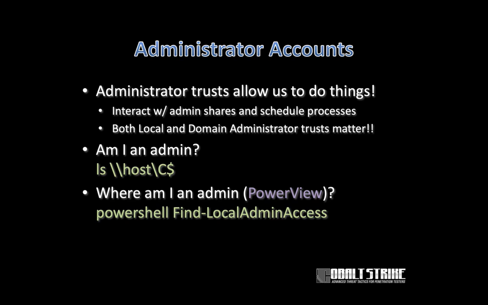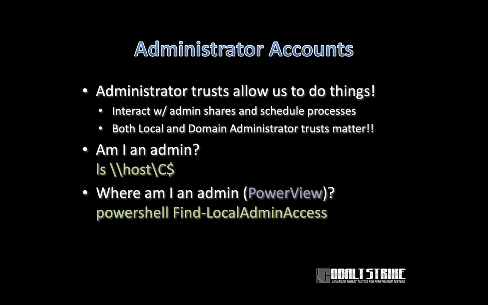How do you know if your current identity, as dictated by your logon session and your access token or your Kerberos tray, is an admin as far as a remote system is concerned? Well, you can try to do something that only an administrator can do. And if you can do it, you're probably an admin. One thing I like to do is list the contents of the C$ share with the ls command in Beacon. That is one way to check if your current context is seen visibly as an admin.